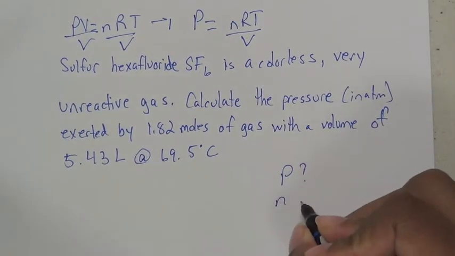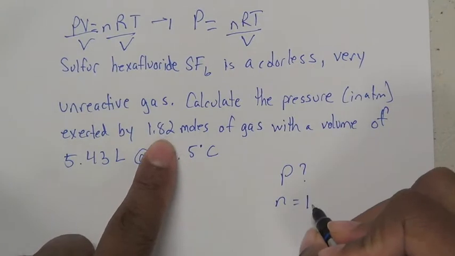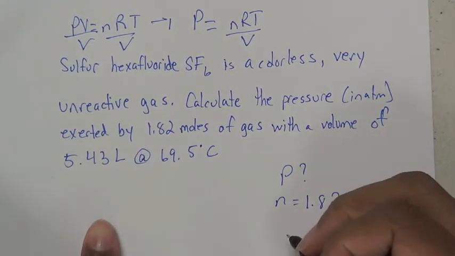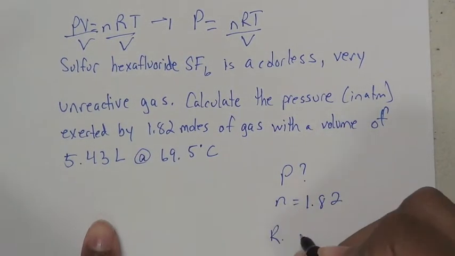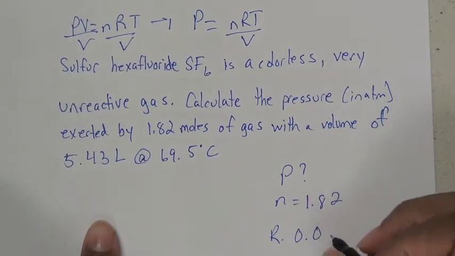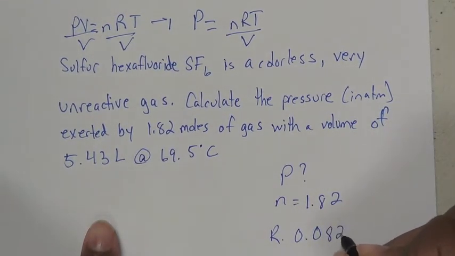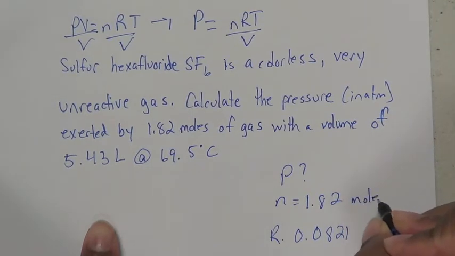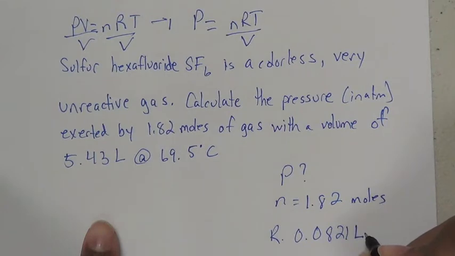Our number of moles will be 1.82 moles. R is the gas constant, which is 0.0821, with units liters atmosphere per Kelvin mole.